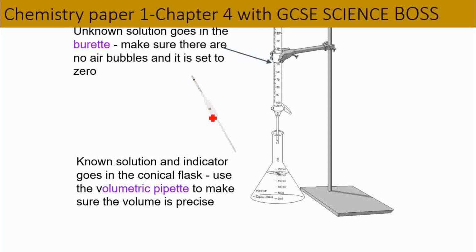Your known solution is measured with your pipette, and you pipette that into your conical flask. You then add your indicator. You then run your unknown into your known while swirling until the color changes. You record the volume before and after so that you know the volume used.